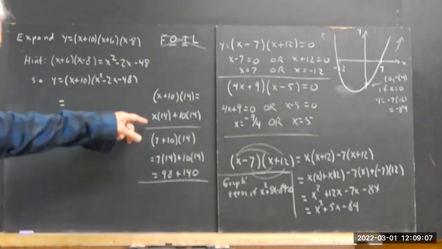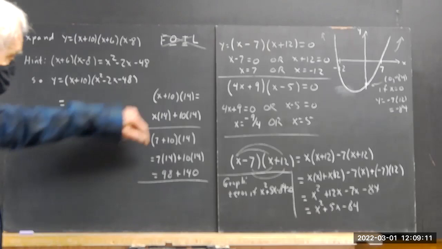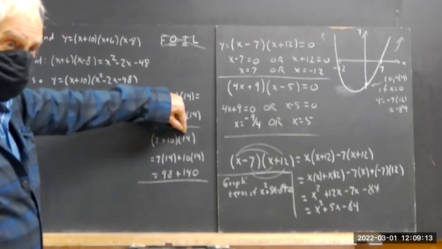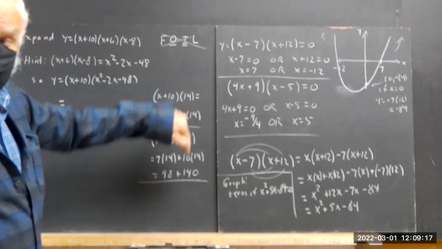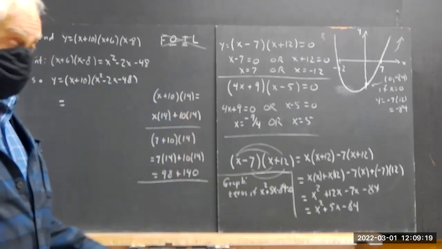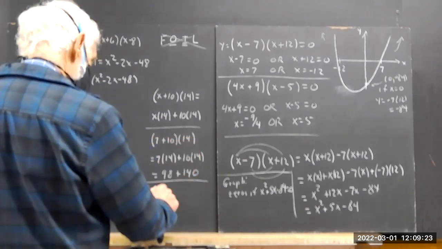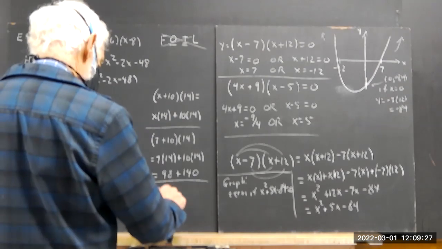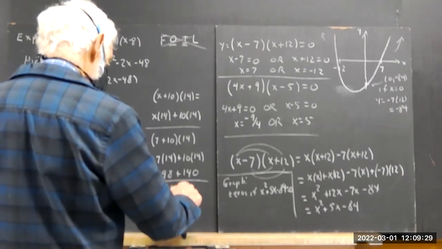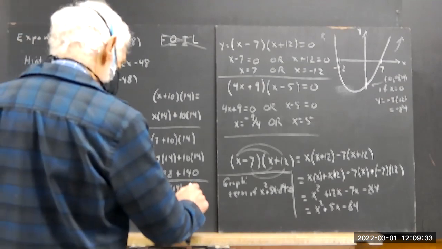Okay, so that's what we get if x was equal to 7, right? If I multiply some two numbers by another number, I can multiply the first number by that number, and I can multiply the second number by that number, and add them up. And to see that that works, 7 plus 10 times 14 is 70 times 14, which equals 980. Cool.